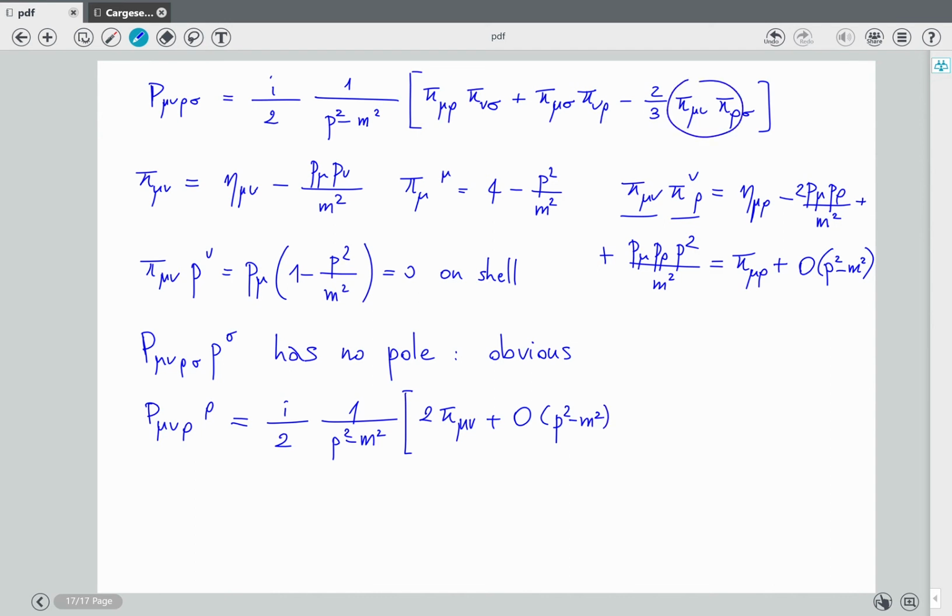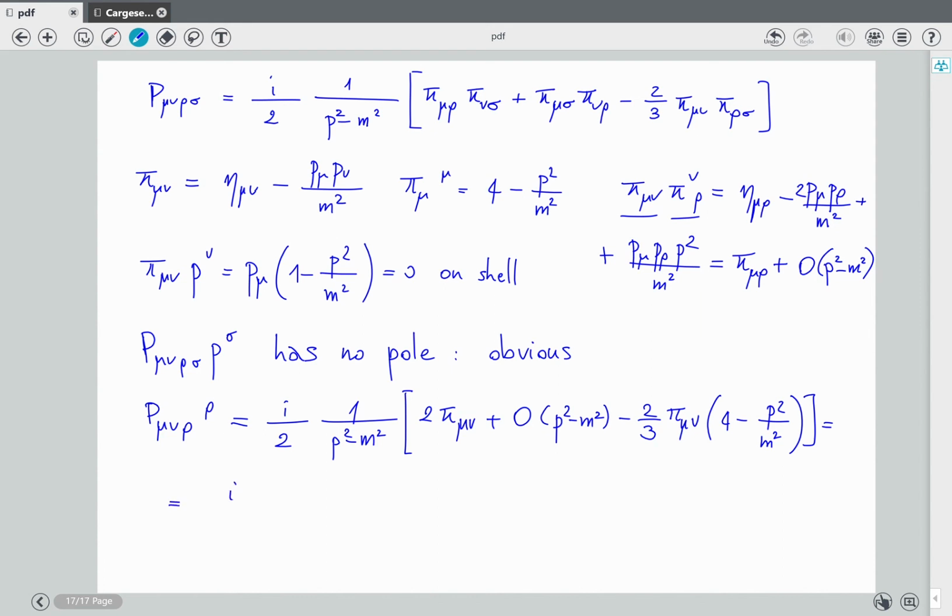Then there is the same here, and that is minus 2/3 pi mu nu times that trace, 4 minus p squared divided by m squared. And that gives what?